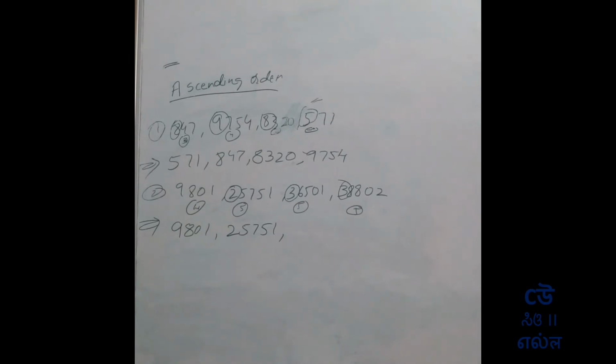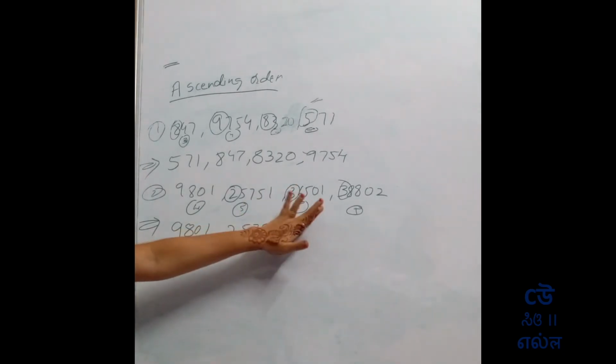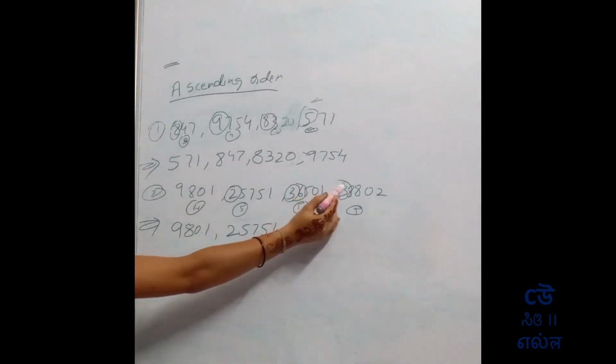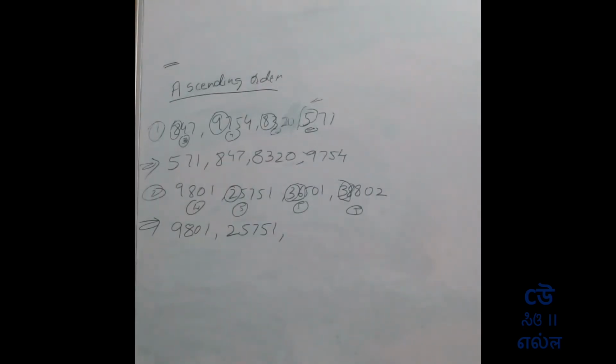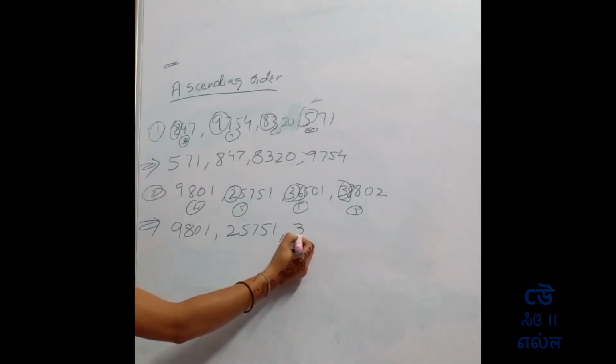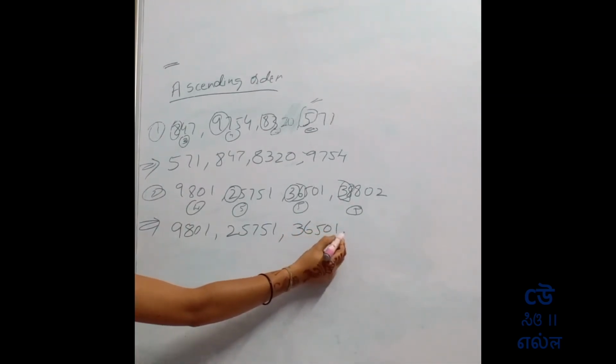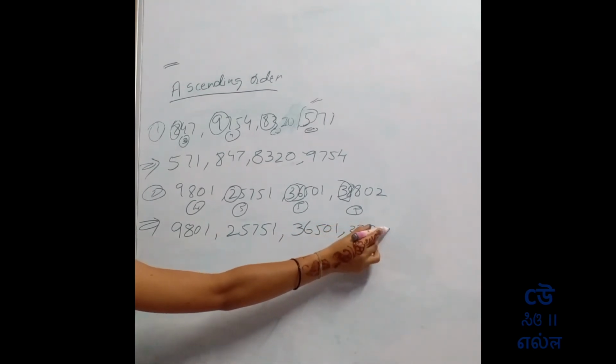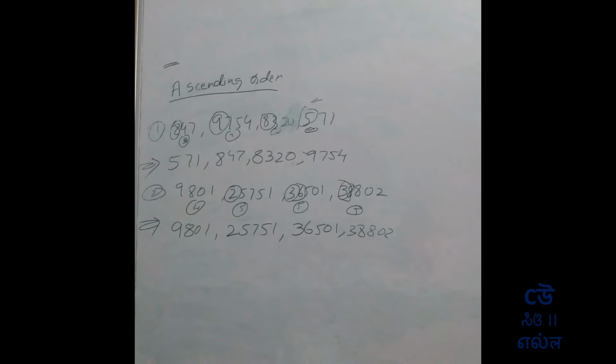We have equal number, that is 3 and 3. 3 and 3 you have, no? So you have to again consider the next digit after 3, that is 6 and 8. In 6 and 8, which is the smallest number? 6. So that you will write next. So the remaining is what? 38,802. So this is how you write them arranged in ascending order.